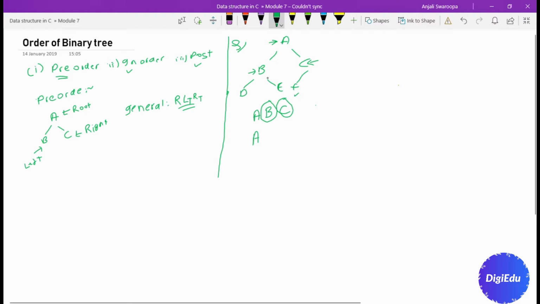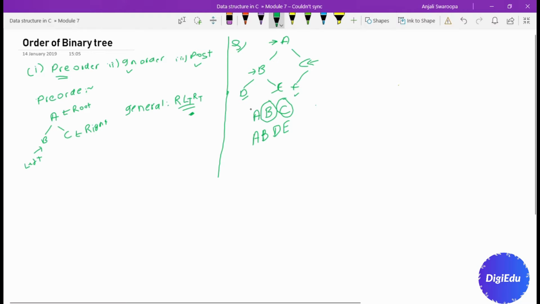Now let us look at B. B has a left and a right subtree, which are D and E. According to the general sequence of pre-order, you first write the root, which is B, and then the left and right subtrees, which are D and E respectively.